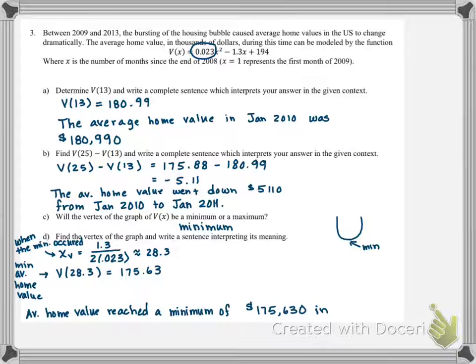Well, 25 is January 2011, so February, March, April of 2011. So just 3 months after 25, right? So 2011. Good stuff?